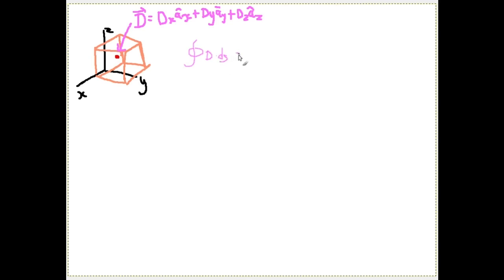Here, if you look, I am going to have 6 surfaces: a front, a back, a left, a right, a top and a bottom surface. So these are the 6 surfaces I will be having.